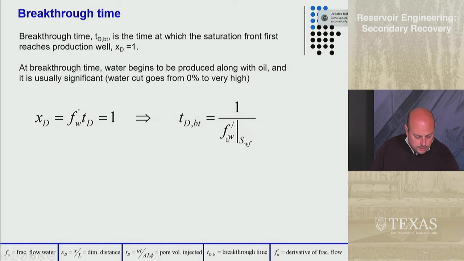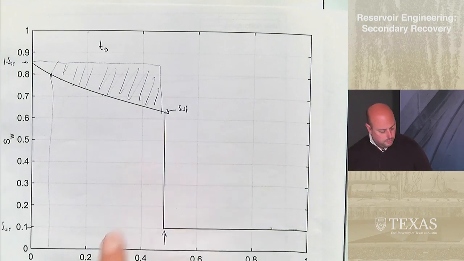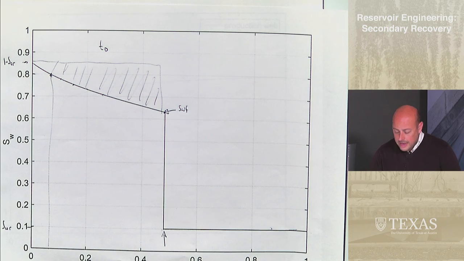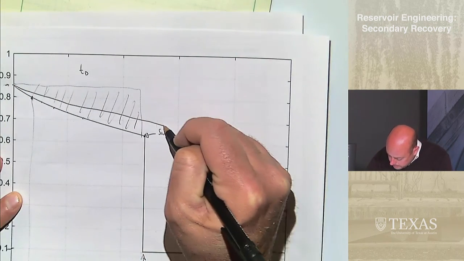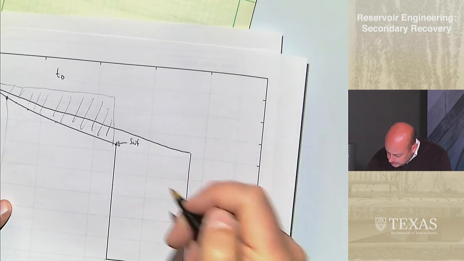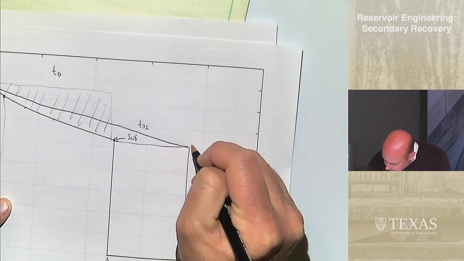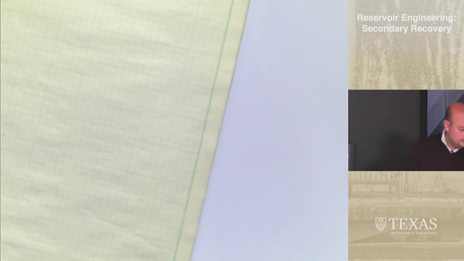We're going to learn how to determine the waterfront saturation soon, but remember, it's the saturation at the front. And it never changes, by the way. If you were to plot this at a different time, it might look like this. This is TD2, but SWF is exactly the same. Okay, we'll learn that soon as well.